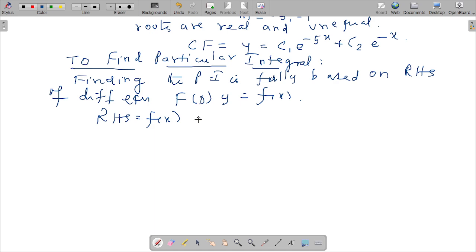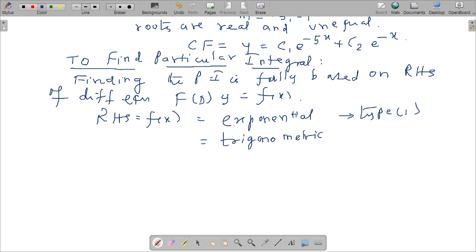The f of x may be exponential. It is type 1. F of x may be algebraic or trigonometric, it is type 2.